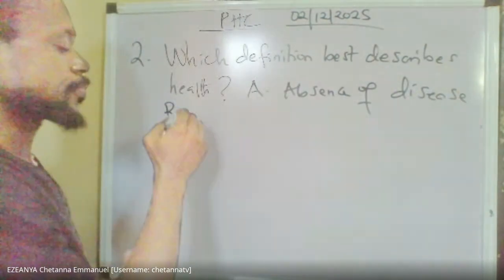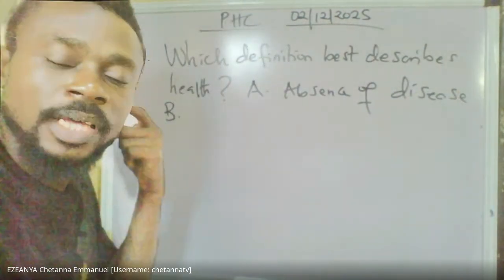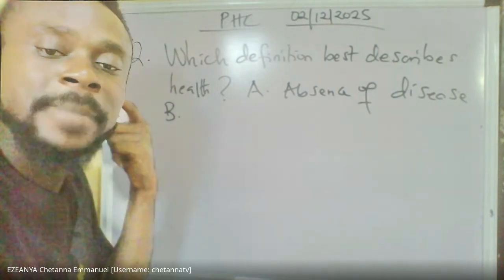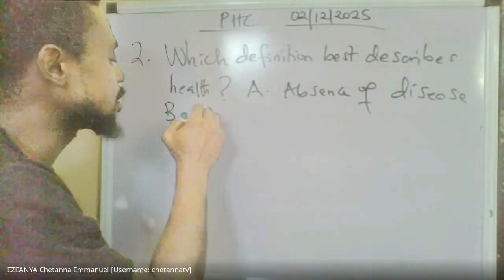B, a state of complete physical, mental, and social well-being.